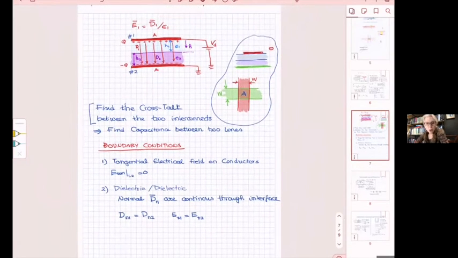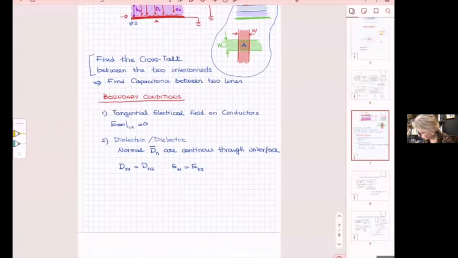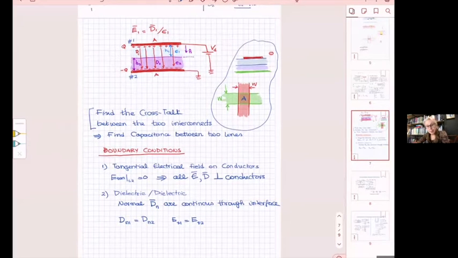Now, what else do we know? We know that all the electric field lines have to be perpendicular to the metal. So practically, because of the first condition, all E and D are perpendicular to conductors, which means that for a short distance like that, there is no way you can have anywhere a tangential component of the electric field.